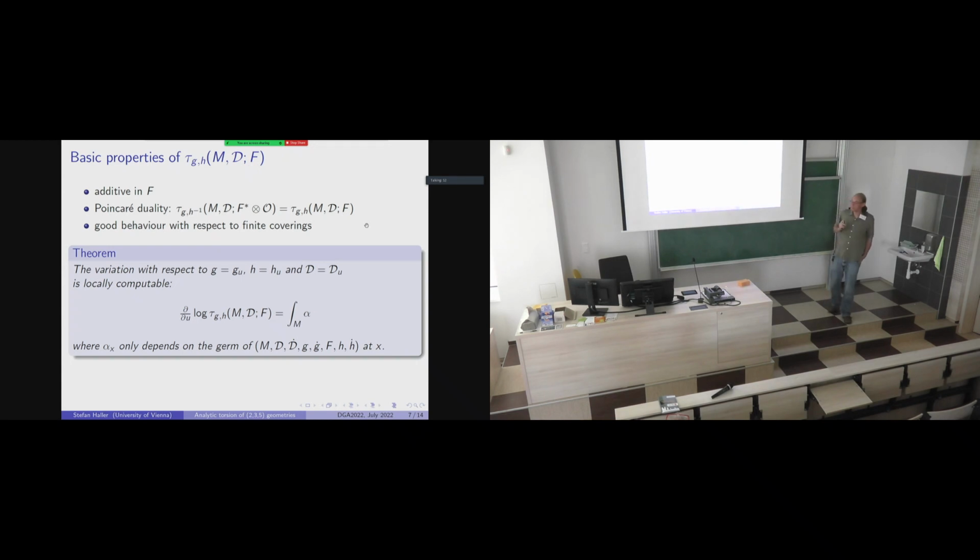And the same is also true with respect to infinitesimal variation of the rank 2 subbundle. And that already, a deformation of the rank 2 subbundle can change the geometry dramatically, as you are all aware. But nevertheless, the torsion will only change by a local quantity. The interesting dependence of the torsion is the dependence on the flat bundle F and the dependence on the homotopy type of the rank 2 subbundle.